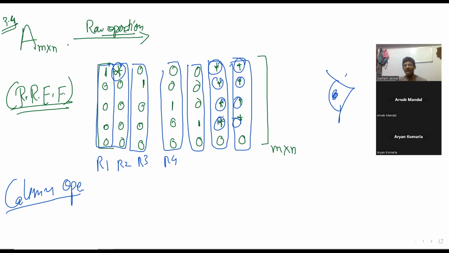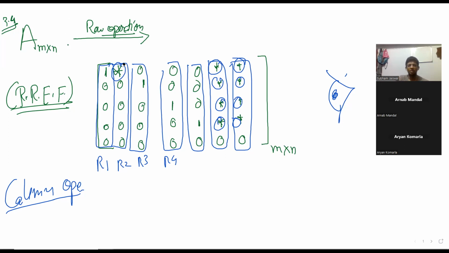Whatever we did to the original matrix, we're doing on the transpose, thinking of the columns as the rows. So you can always get rid of all the stars.